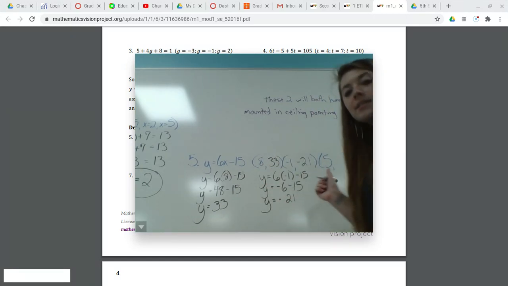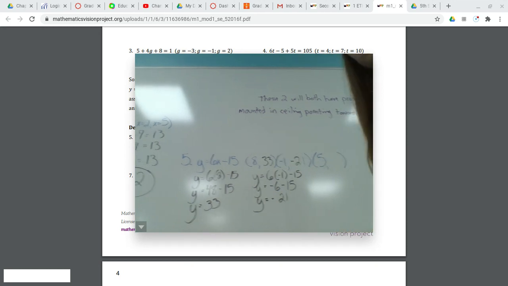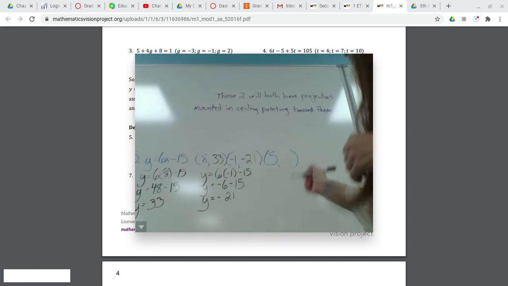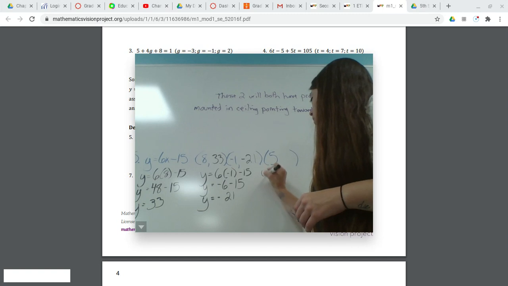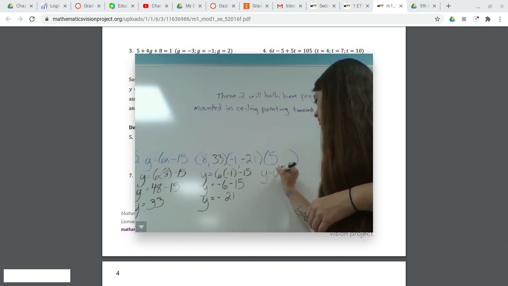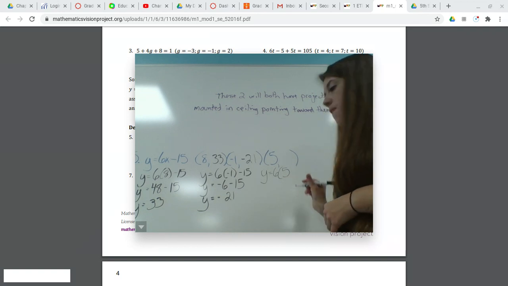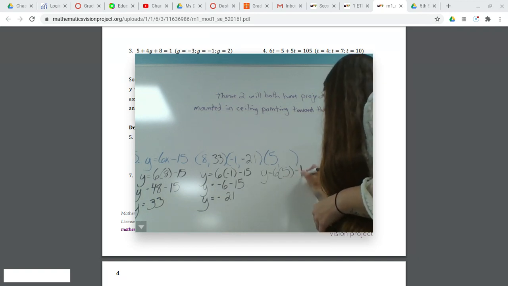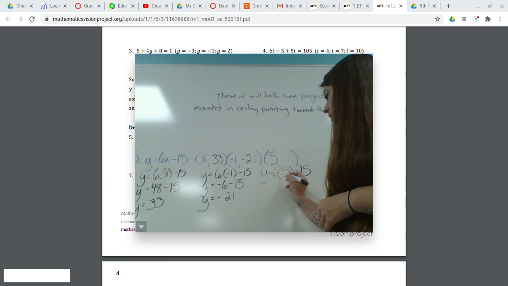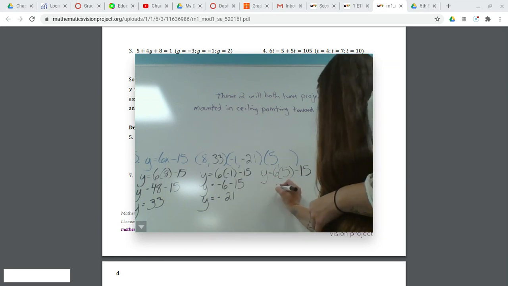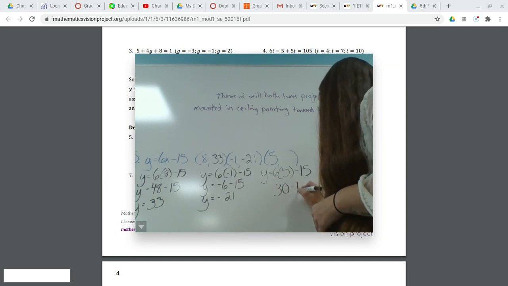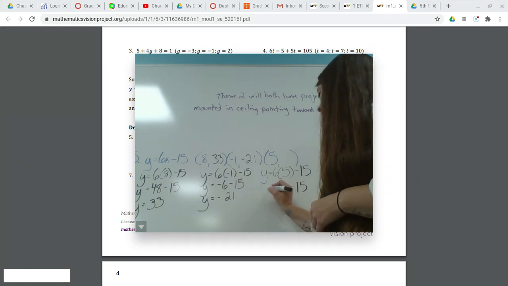All right, and then this last one over here, I'm going to scooch the chair over just a little more so you can see. All right, so once again, y equals 6 times, our x value is 5, so we plug the 5 in there, minus 15. So 6 times 5 is 30, and then we subtract 15.